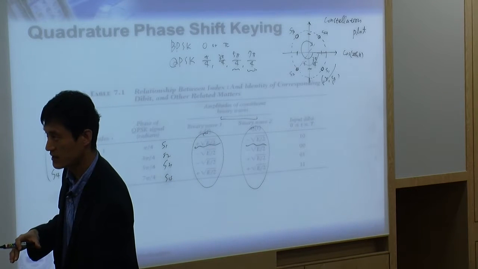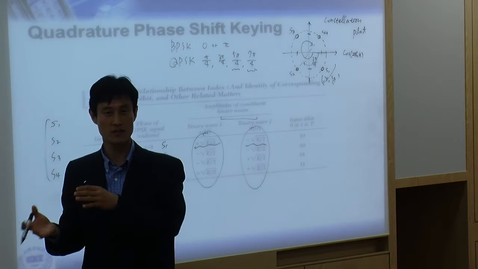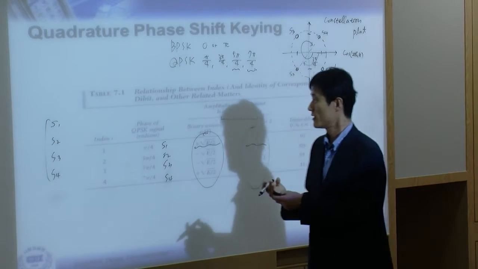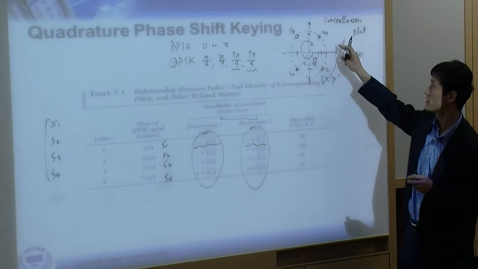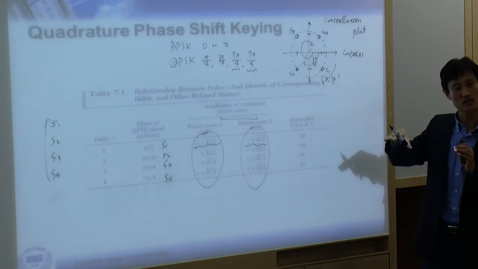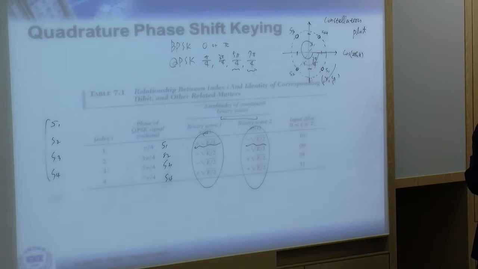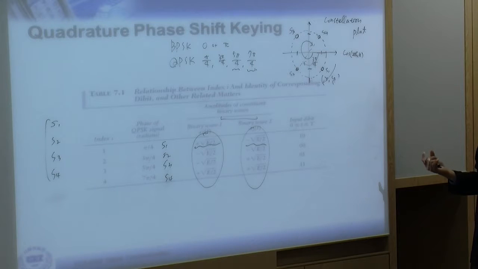Gray coding is how to map bits to symbols. It's a bit to symbol mapping. What we are talking about here is just symbols. We have 4 symbols, S1 to S4. Now the question is, how do you map bits to these symbols based on the gray coding?